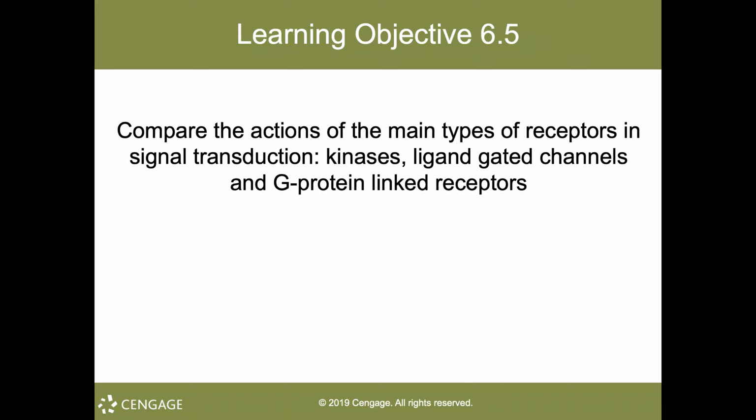Your G protein linked receptors, these will bind to signaling molecules, and the G protein linked receptor will change its conformation and allow for it to bind to a portion of the G protein. And then the G protein is going to replace the GDP with GTP.